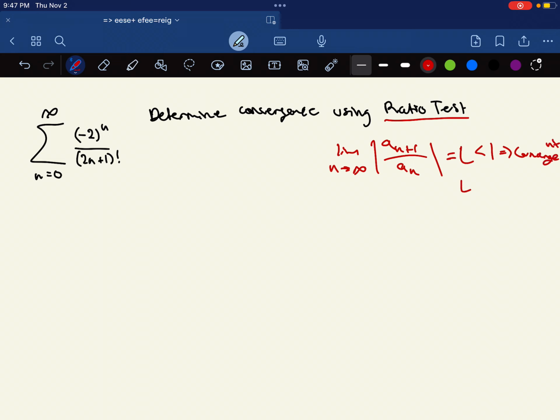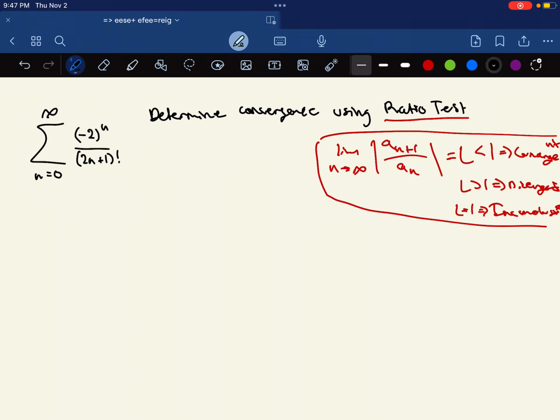For L greater than 1, it's divergent. And if L is equal to 1, it's inconclusive. You can't determine convergence or divergence if L is equal to 1.